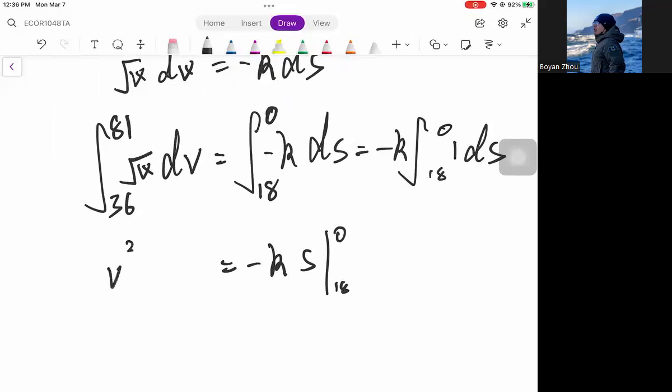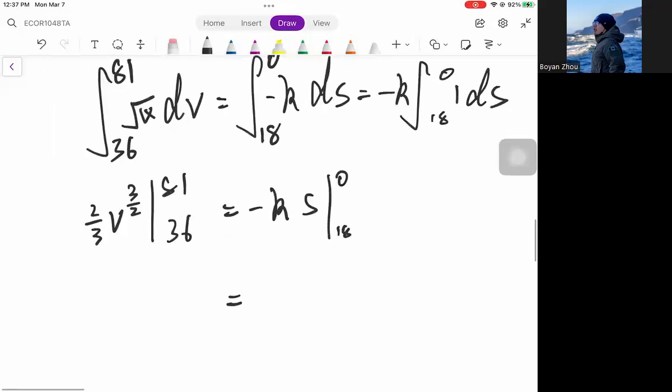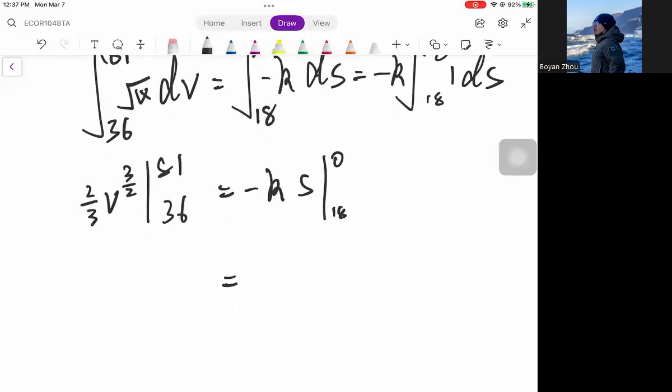On the left hand side, the integral of square root of V is going to be V to the power of 3 over 2 times 2 over 3. We're going to evaluate this from 36 to 81. On the right hand side, it's going to be 0 minus 18K, so that is going to be positive 18K.